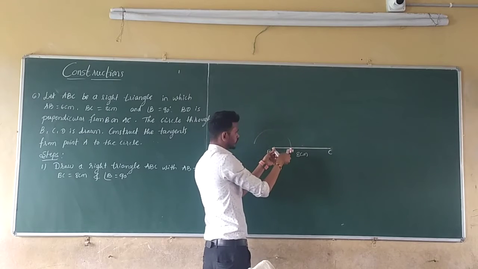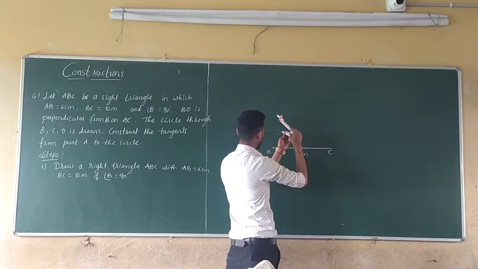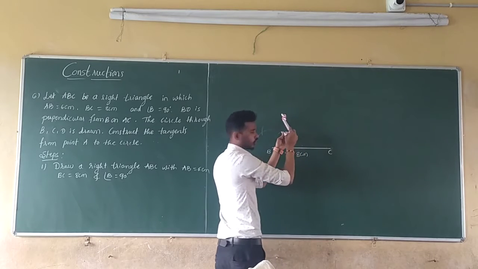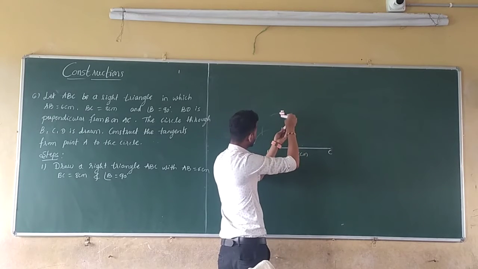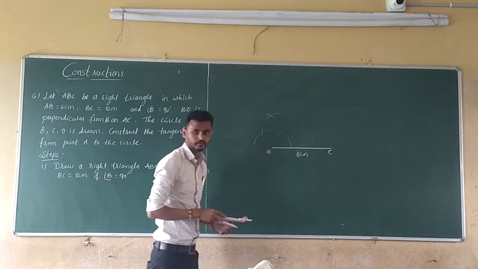Draw an arc with the same radius. Using this as a center and this as a center, draw the two arcs, and using these as a center, draw these two arcs again.